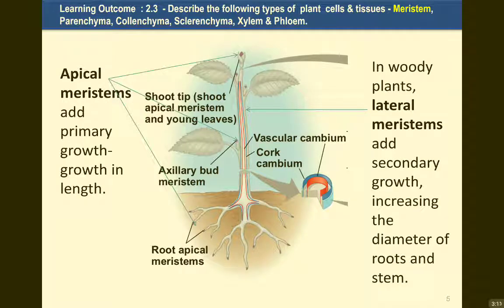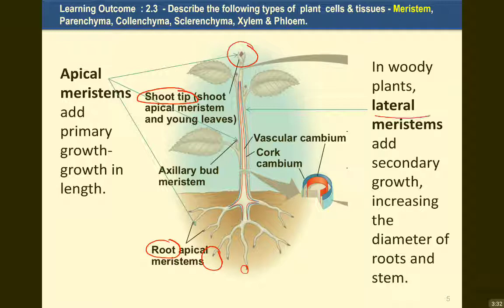So you look at the diagram for apical meristem. Okay, at the end of the plant. So it is either located at the shoot tip, the tip of the shoot, or the root tip, the tip of the root here.